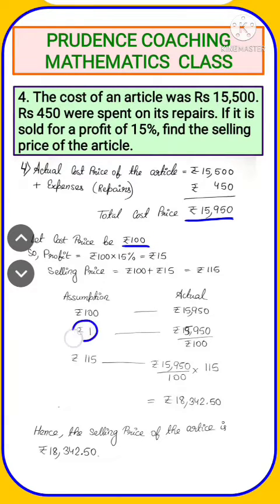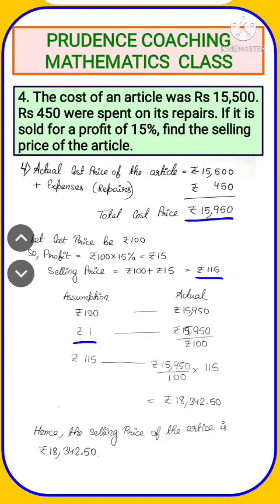So we will find out rupees 1, that will be equal to 15,950 divided by 100. This 100 will go in the denominator as division, as it was in multiplication. Now we need to find out the selling price, which is 115 rupees according to our assumption.